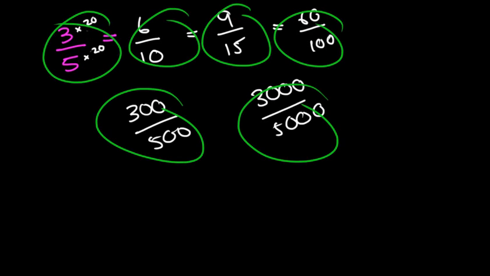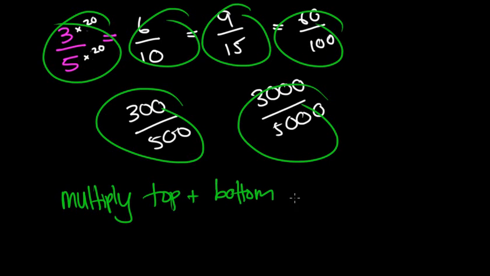So equivalent fractions just means that you multiply the top and the bottom by the same number. Now, the more challenging questions might be something that looks like this. x over 3 is equal to, let's say, 6 over 9.